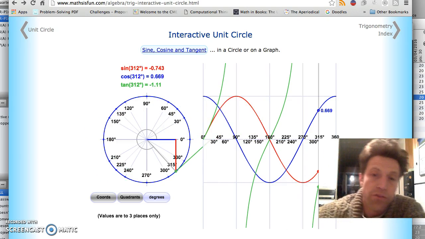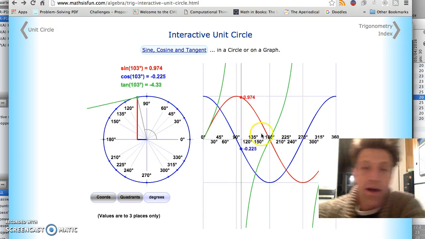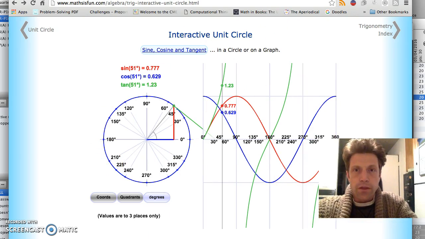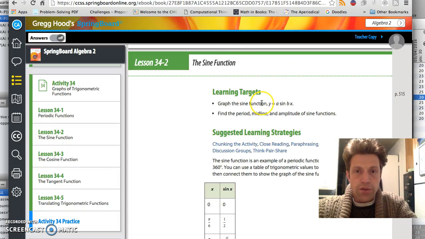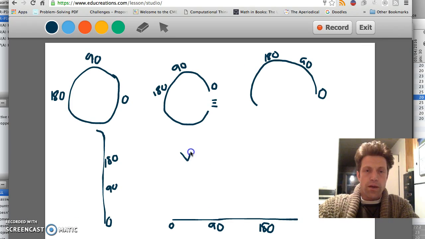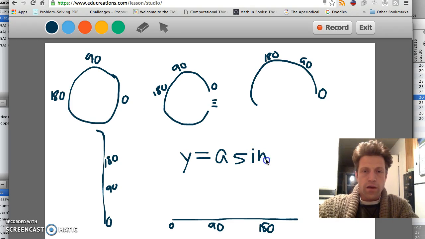Okay, so that is the graph of y equals, and you saw in the objective it said the function is y equals a sine bx. In this case, a and b were just added on to this.